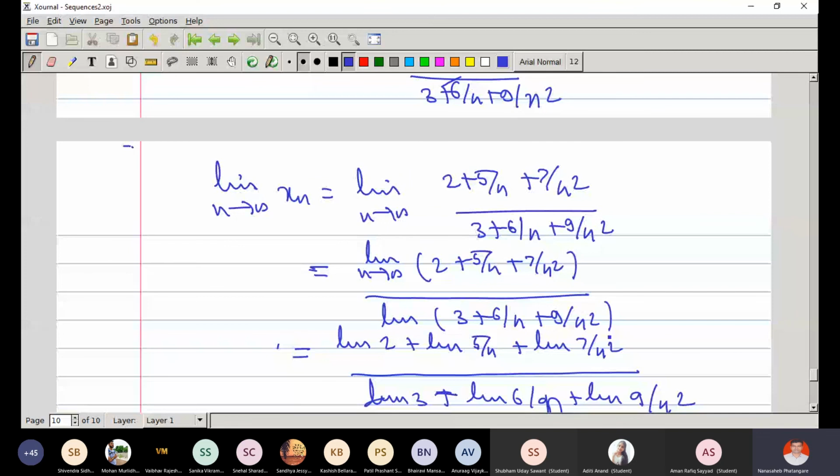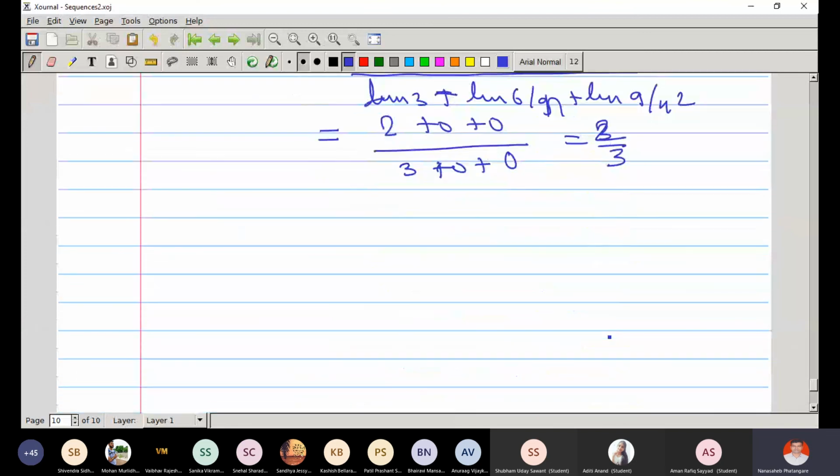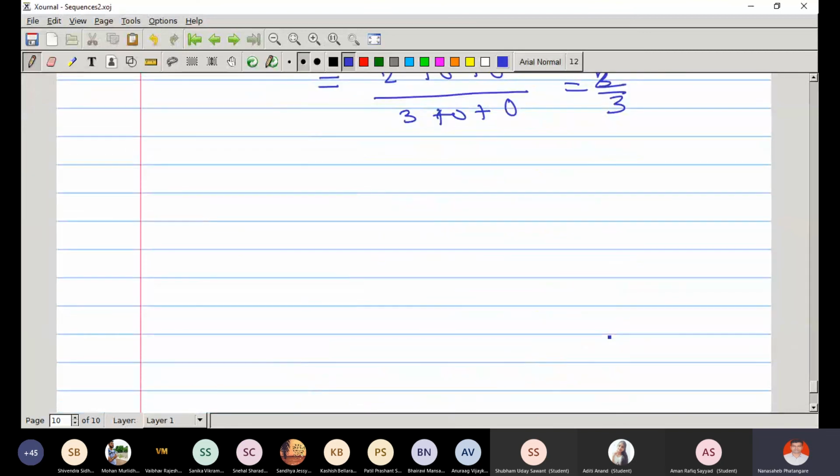Right, so in this sense, this algebra of limits is useful, right? So I'll give you some exercises, you just work them out.